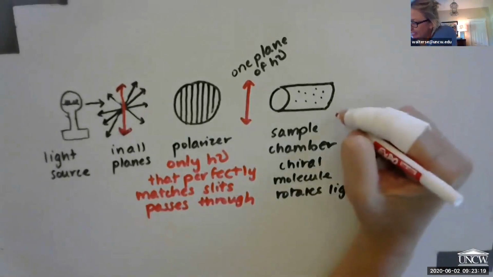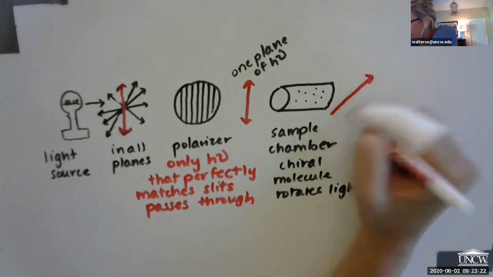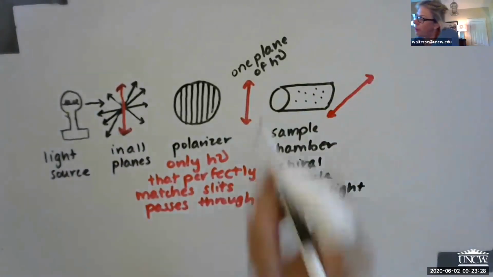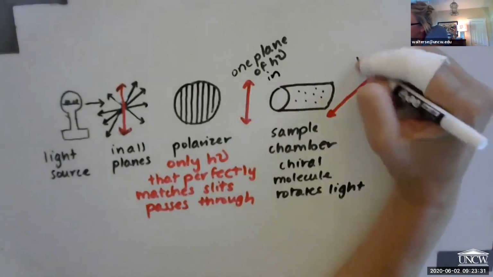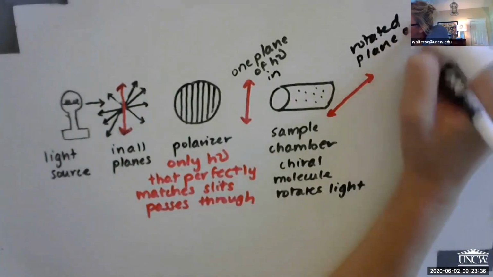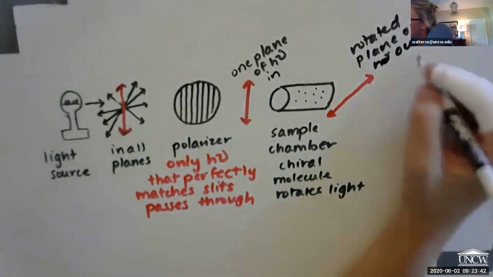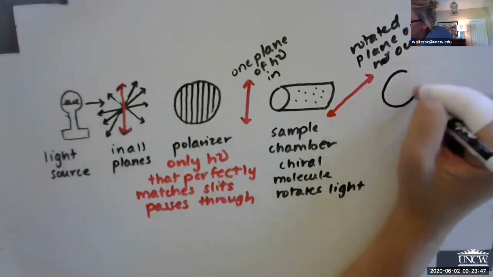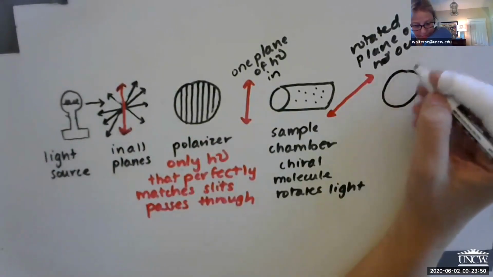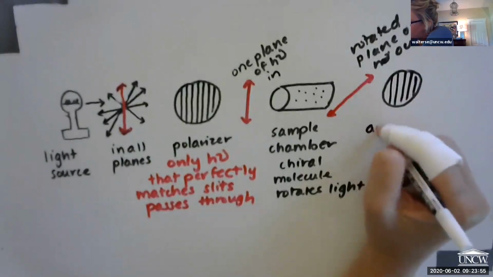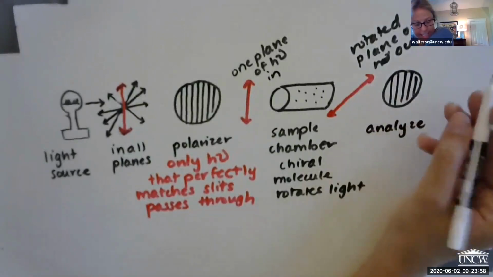The light exits the chamber then at an angle. So this is light out. This is one plane of light in. This is the rotated plane of light out. Then you have another thing that looks like this, which has slits, and it's called the analyzer. The analyzer rotates.